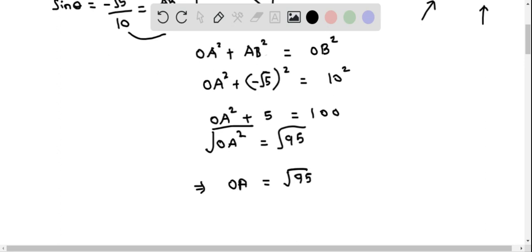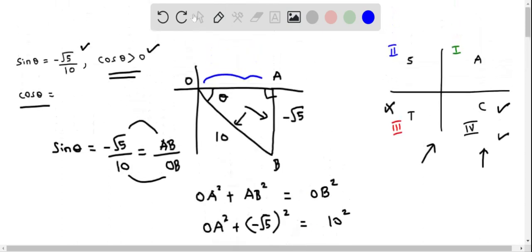And so we can mark this OA in our right triangle. I'm going to get back to the right triangle and replace OA by the square root of 95. Now we can determine cos theta.